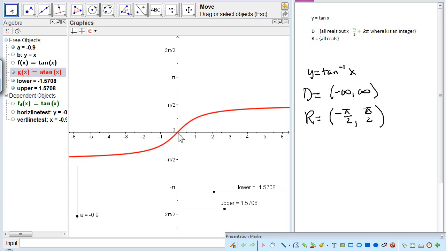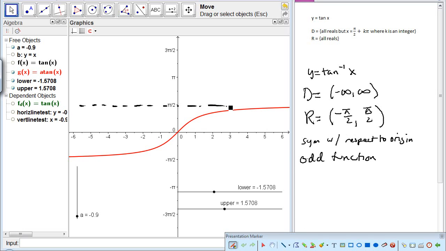I do definitely see a point of symmetry right here at the origin. So since it's symmetric with respect to the origin, I can say this is an odd function. So we know that tangent inverse is an odd function. And I also know that I had vertical asymptotes for a tangent function, so I think it only makes sense that now I can draw in horizontal asymptotes at pi over 2.